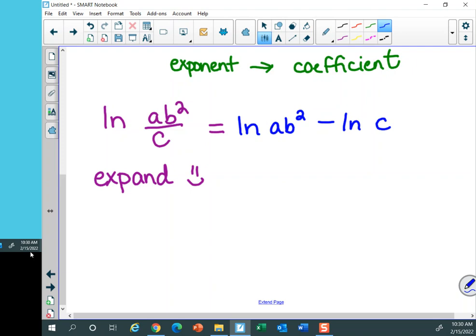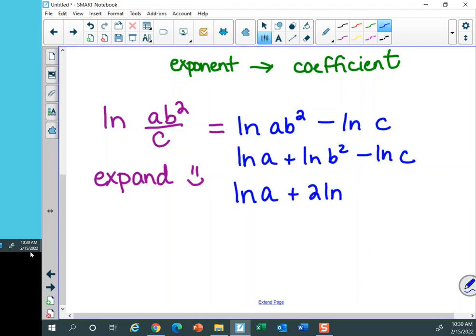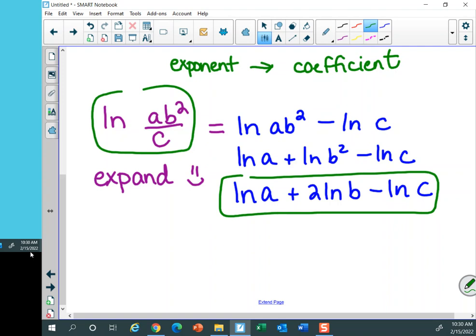So that quotient becoming the difference, the product becoming the sum, and then the power coming down to the front. So you take something that looks like this, and you're like, well, why do I want it to look like this? And in about a minute, I'm going to show you why.